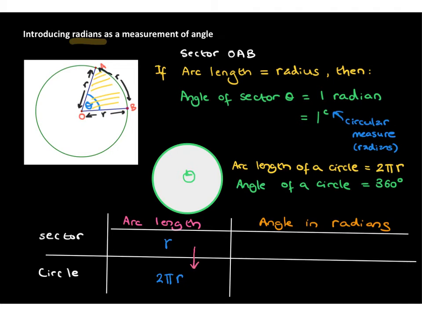To scale up the sector to a full circle, we multiply by 2 pi. Now, what about the angles? What's the angle of our sector? Well, remember what we said. If we're talking about a sector where the arc length, r, is the same as the radius, r, then the angle of that sector, theta, is equal to 1 radian.